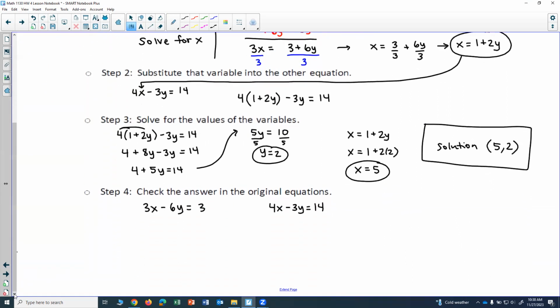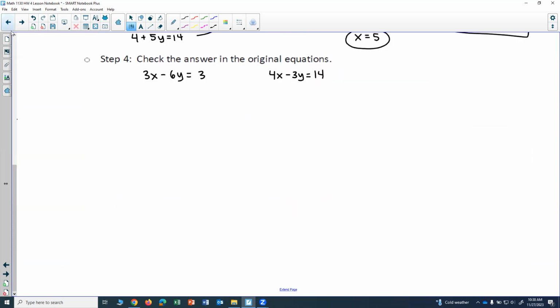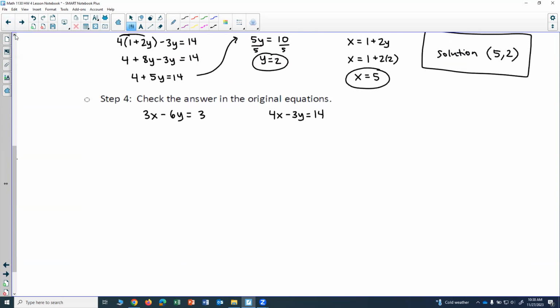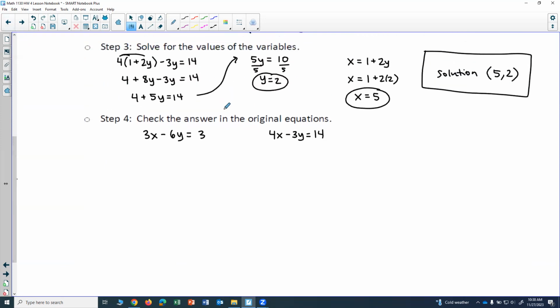So to check, I've written down both of my original equations, and I'm going to go ahead and plug in 5 for x and 2 for y. So I'll have 3 times 5 minus 6 times 2 equals 3. And that's 15 minus 12 equals 3. So that one checks out.